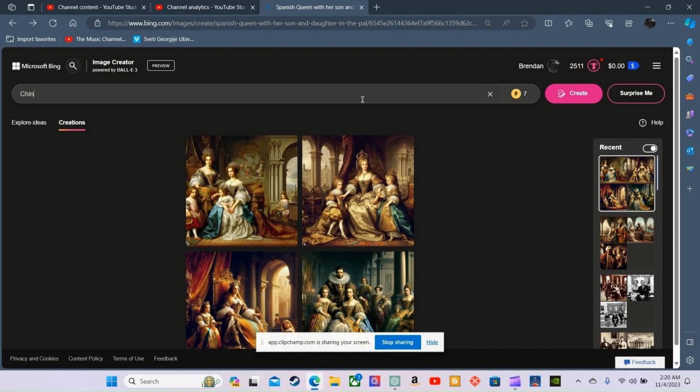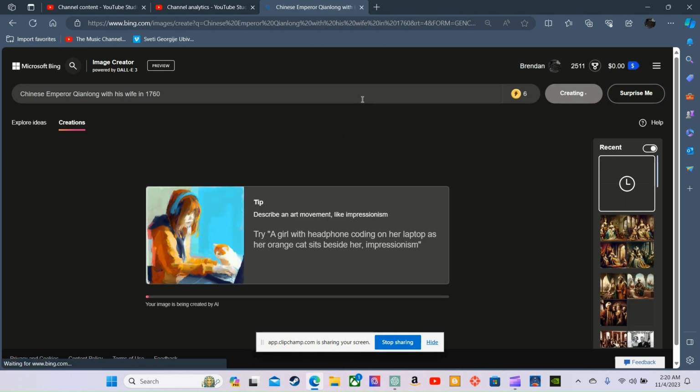So let's go to East Asia. So, Chinese emperor, I'm going to give a real person's name, Sheng Long, with his wife in 1760. And he lived for many years, and was ruler for over 60 years.